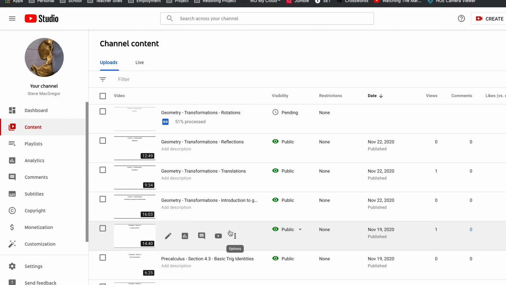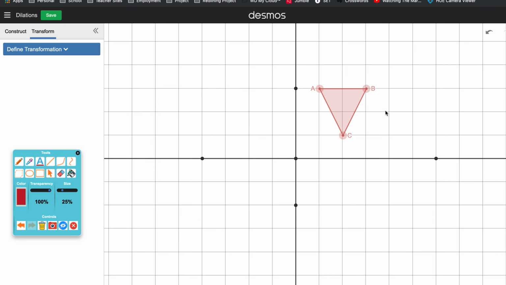Okay. So what we're going to do is go ahead and do a dilation centered at the origin, and we're going to apply this to an object. Now I'm going to do scale factor 2. So if we take a look at AB, its length is 2. And so if I apply that, there's A prime, B prime.